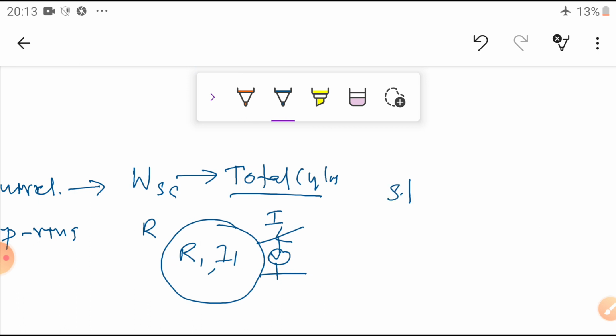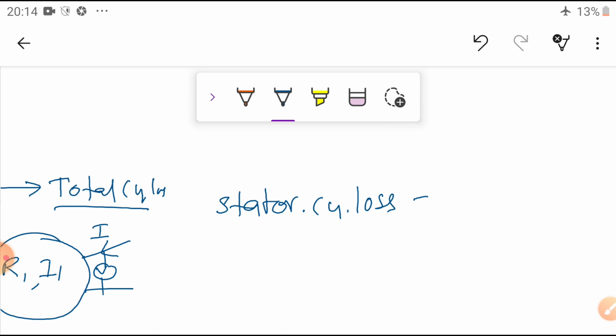The formula is 3 I square R. Here it is stator R1, and at the short circuit condition the current is ISC.